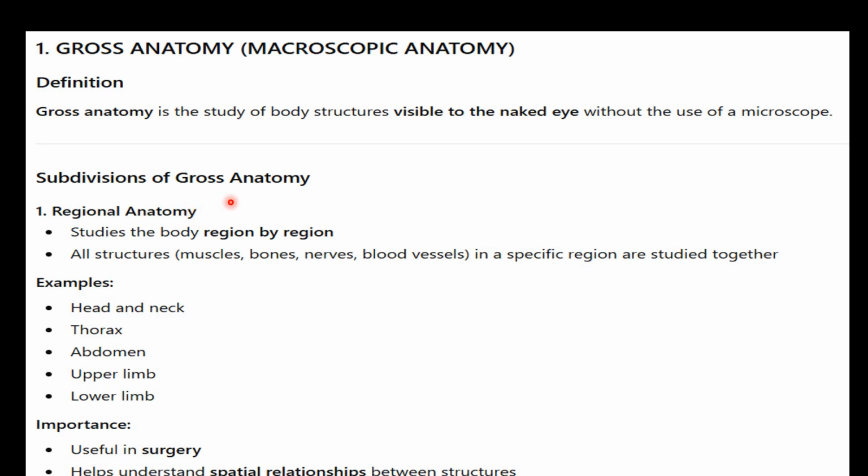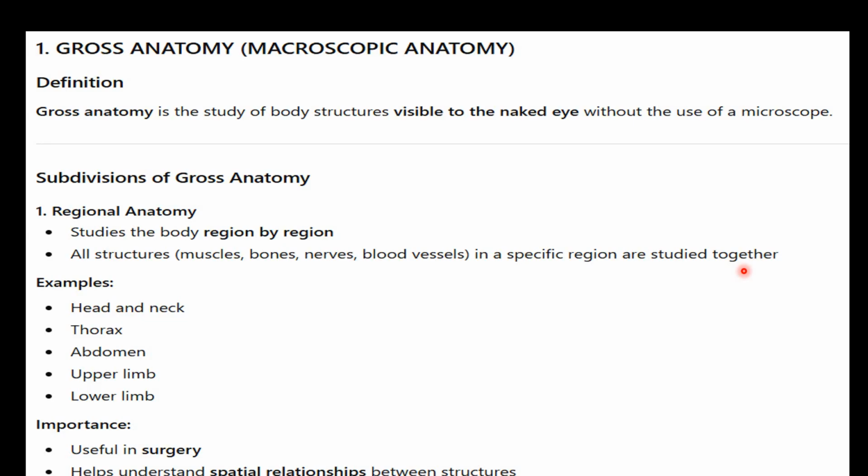So the first subdivision is regional anatomy. Regional anatomy means studying the body region by region. All structures in a specific region are studied together.